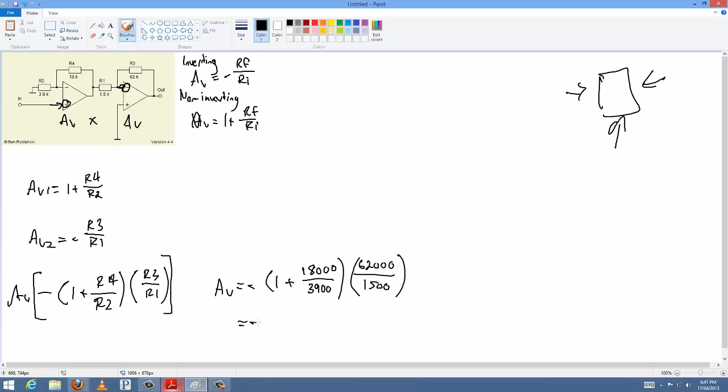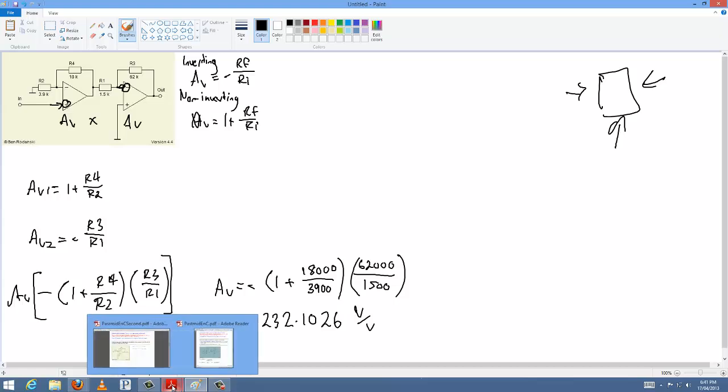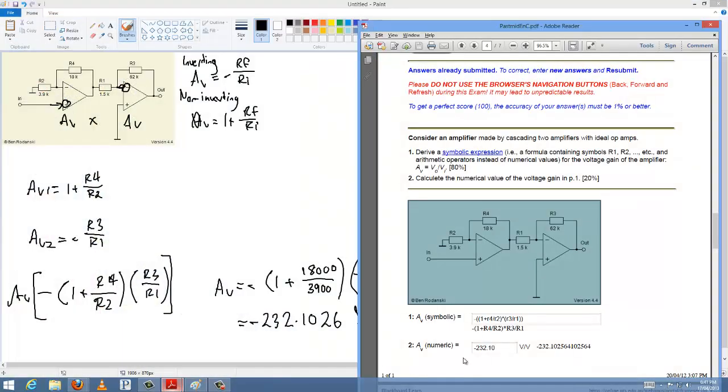And that gain ends up being negative 232.1026 volts per volt. We look at the answer here. I think it's this one. That's, yeah, 256.